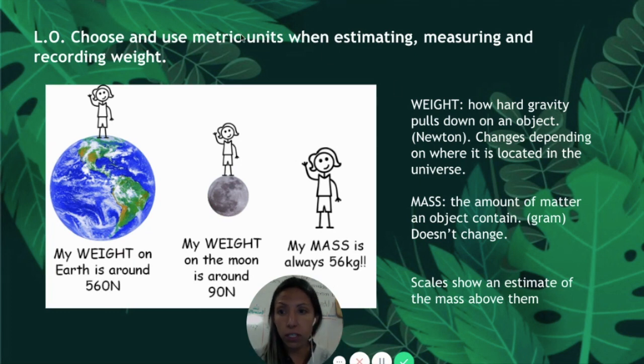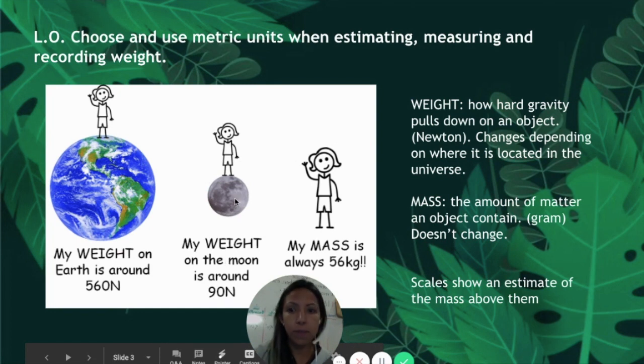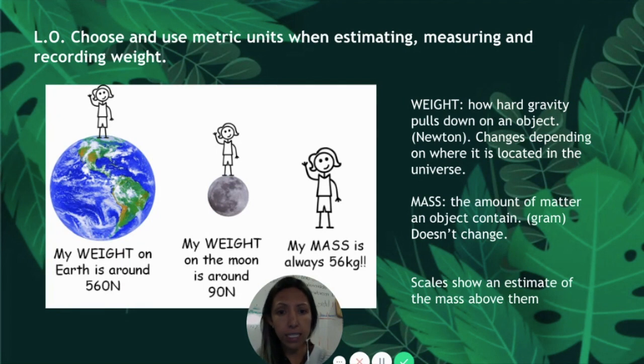For example, my weight on Earth is around 560 newtons, but on the moon it is around 90 newtons, because on the moon we have less gravity force than on Earth, right?